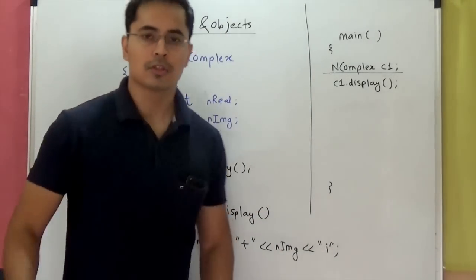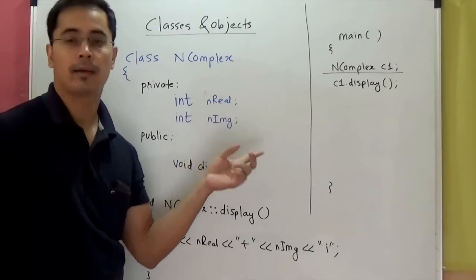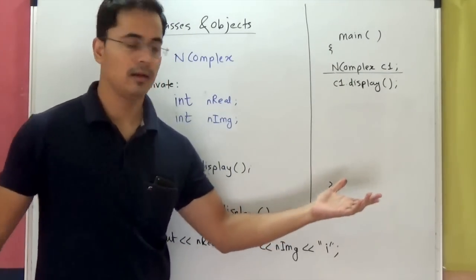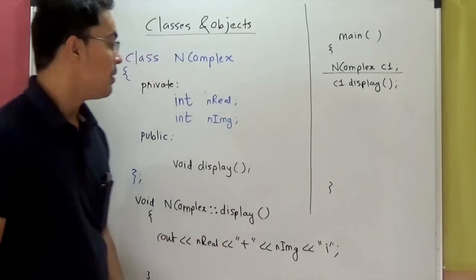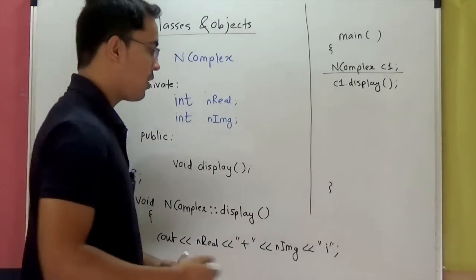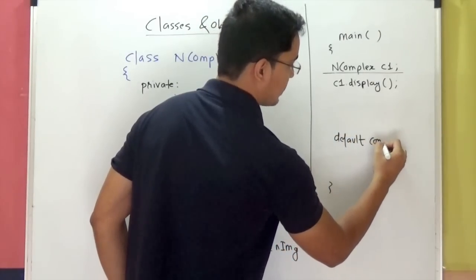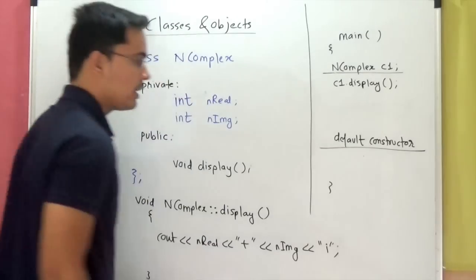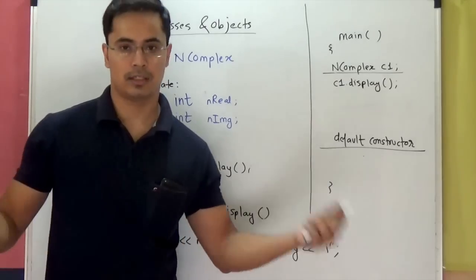Why? We have not assigned any values for the data members of this object C1, right? We have not assigned any value for n real and n imaginary. But there is something called a default constructor in C++. So C++ provides you with a special member function called a default constructor.